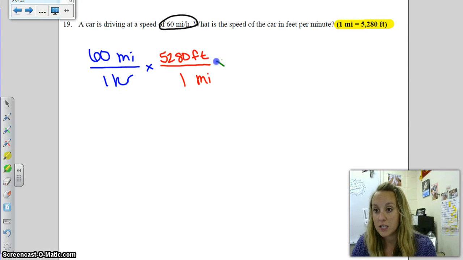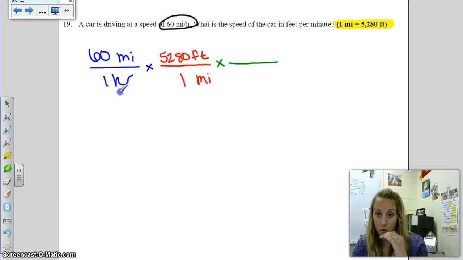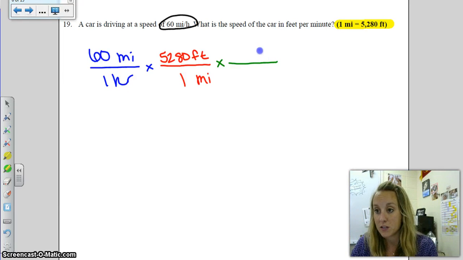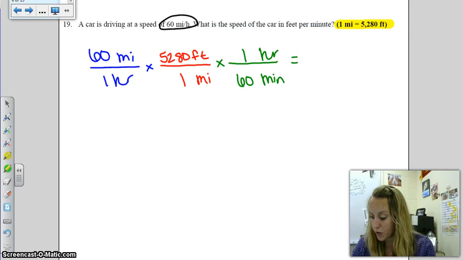Then I also need to take my hours and change it into minutes. If I want to cancel out hours, hours are currently on the bottom, so that means I have to put it on top to cancel it out. So hours here, and I'm taking that to minutes. So there's 1 hour in 60 minutes. Then you go through and you get rid of the labels that you don't need. My miles cancel, just the labels. My hour labels cancel.